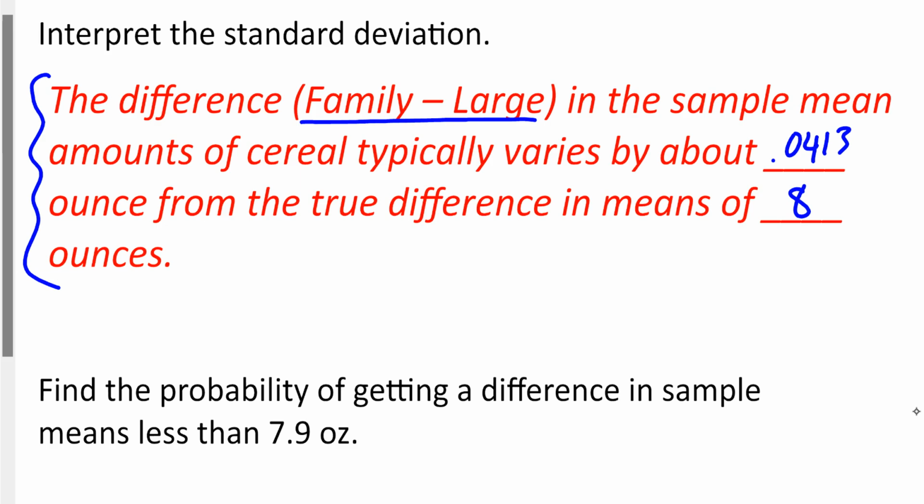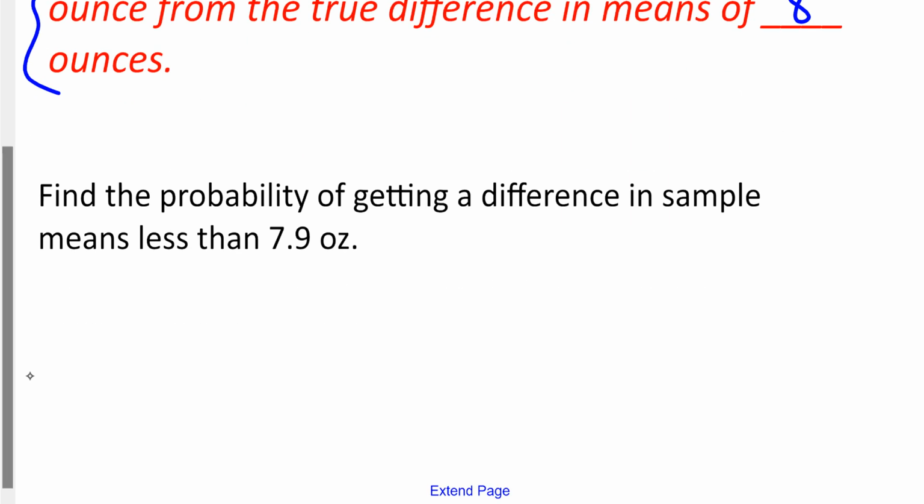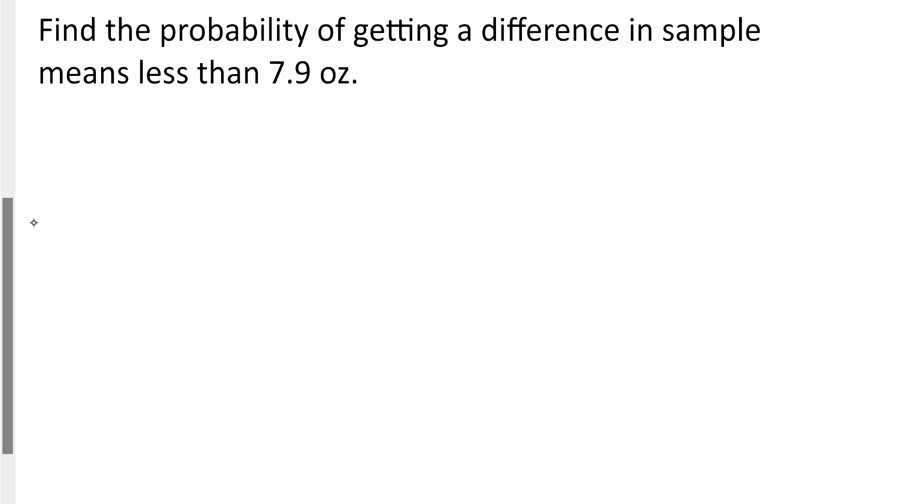So one follow-up question then. Find the probability of getting a difference in sample mean that's less than 7.9 ounces. Now, because we already set this all up, if you were just asked this question, you'd have to set up all the information, make sure we know that it's approximately normal, and figure out the mean and the standard deviation. But because we already did this, it's going to be an easier question.